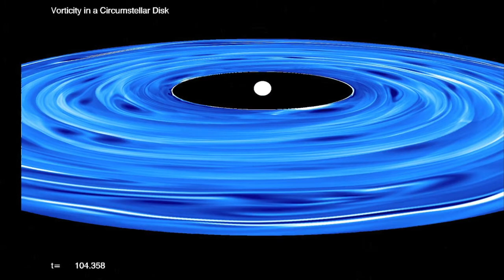These vortices are locations in which you collect and concentrate pebbles to levels that, even with a low average pebble-to-gas ratio, you can form planetesimals.